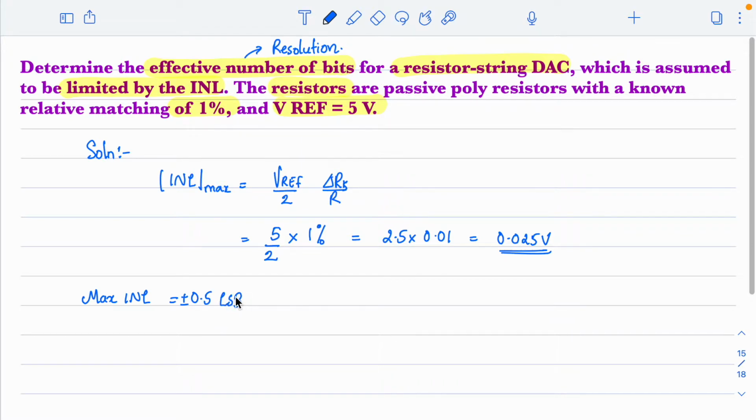This is the condition to consider the DAC or ADC n bit accurate. So we have the maximum INL equal to 0.025, and that is equal to half of LSB. LSB is Vref divided by 2 to the power of n. Half of that is Vref divided by 2 to the power of n plus 1, and Vref is 5. From this we can estimate the value of n.